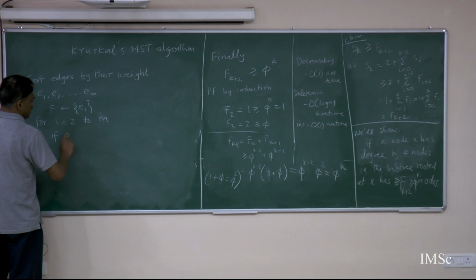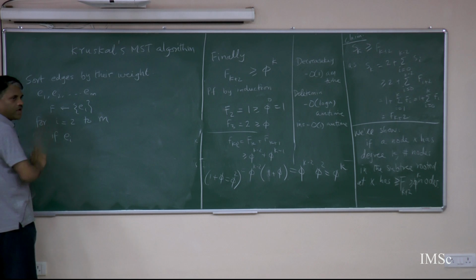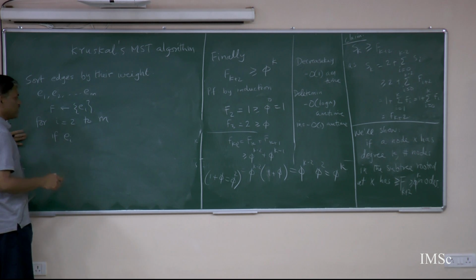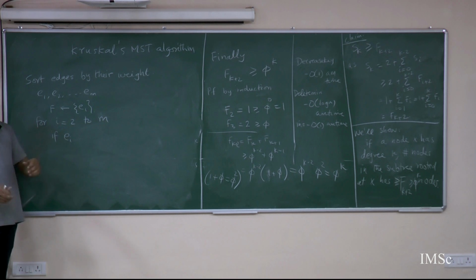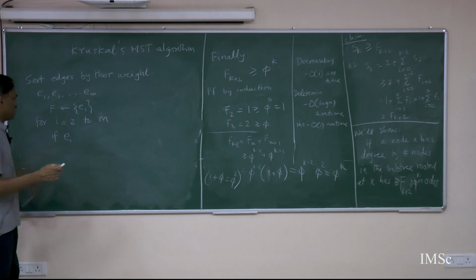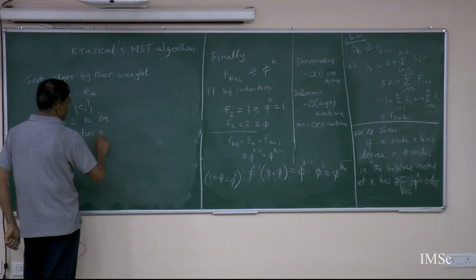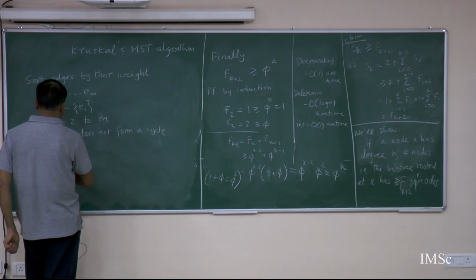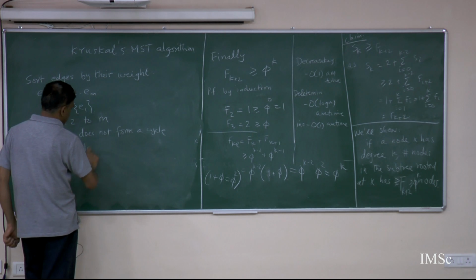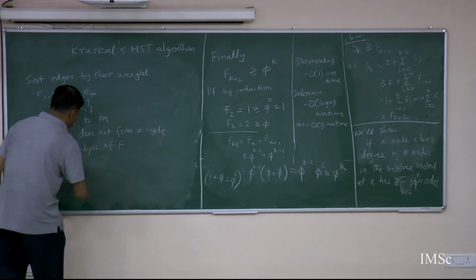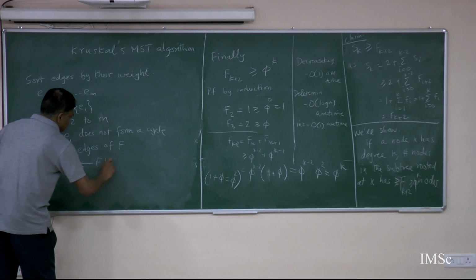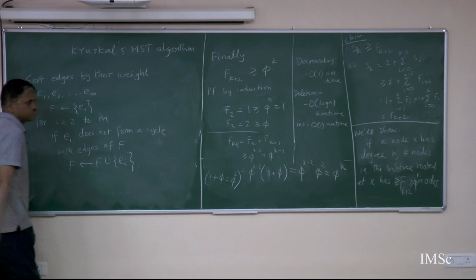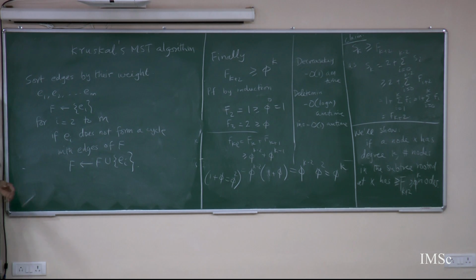When do I add EI to my collection? I'm looking at edges in increasing order of their weights, so I look at the next smallest weight. I'm going to add it to my collection F when it doesn't create a cycle, that is, EI does not form a cycle with edges of F. This is the entire algorithm at a high level.